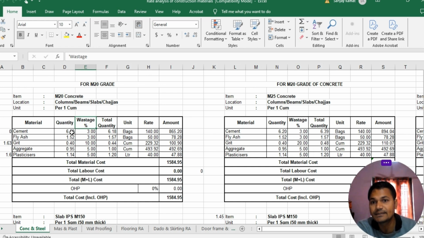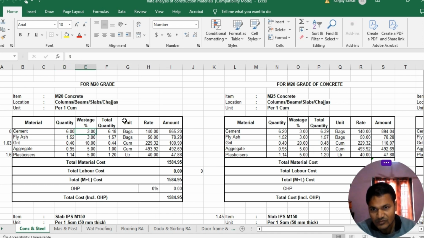We have taken a quantity of 6 bags, but wastage is 3% because no more is required. If we take 6 bags, obviously there will be some loss. We don't use 100% of the cement. When we cut a sack of cement, some cement gets lost, so wastage of cement is 3%.